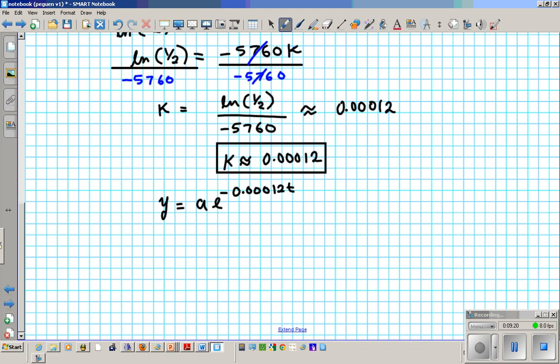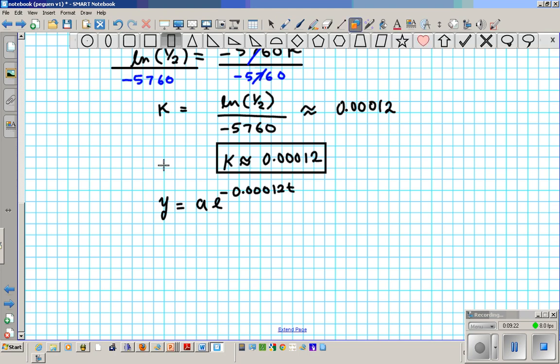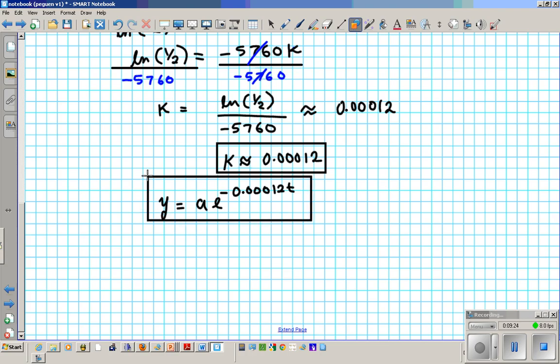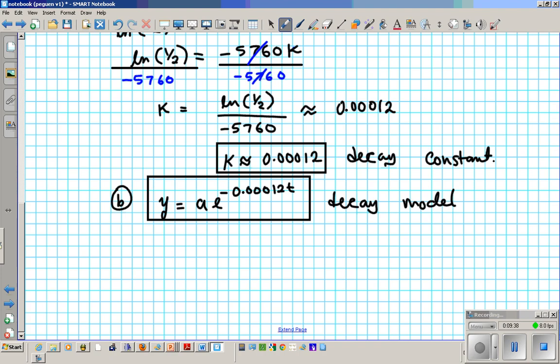And there goes your decay model. So this is the B part. Alright, so this is the decay model. And this is your decay constant. Okay? Alright, now let's move on and take a look at the next example.